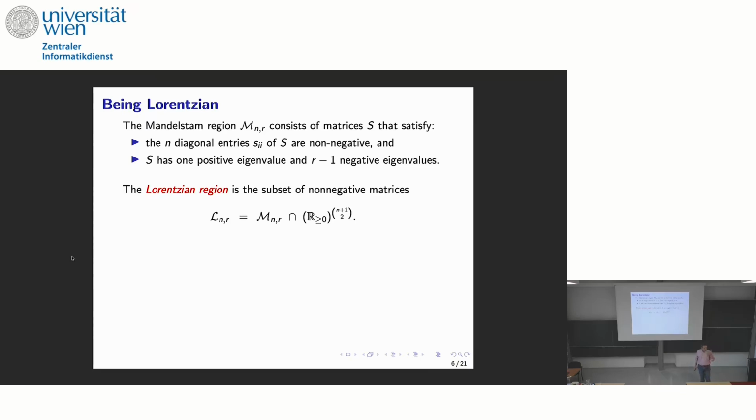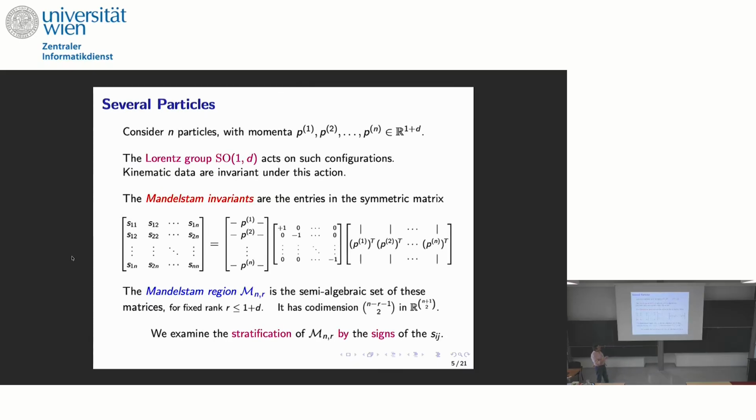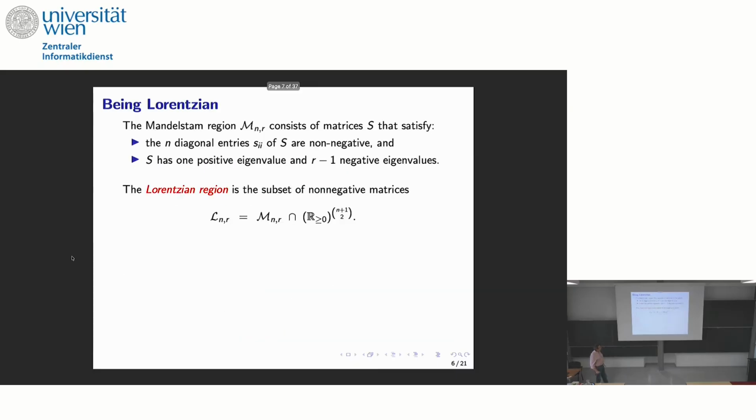So if the rank is exactly r, and there are non-zero eigenvalues, and Lorentzian says that one of them is positive and r minus 1 are negative. And this comes from this diagonal factor in the middle. Right? So if you give me a matrix, if Claudia gives me a matrix, I want to check, is it in the Mandelstam region? One way to test this is to look at the eigenvalues.